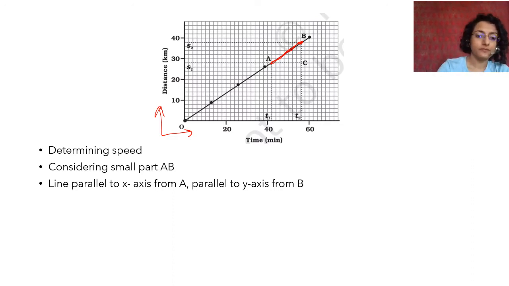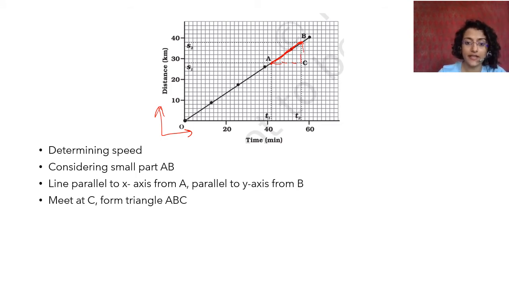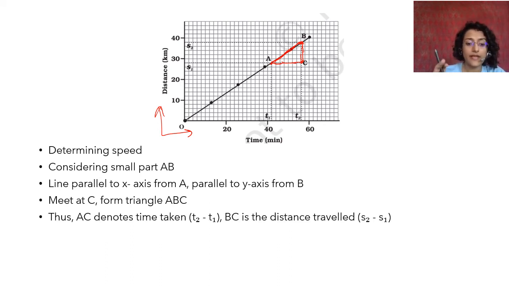A line parallel to the x-axis is drawn from A, and parallel to the y-axis from B. These two lines meet at point C and they form a triangle ABC.